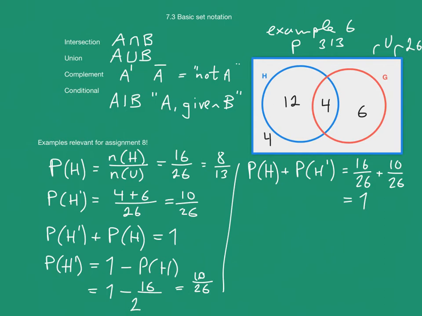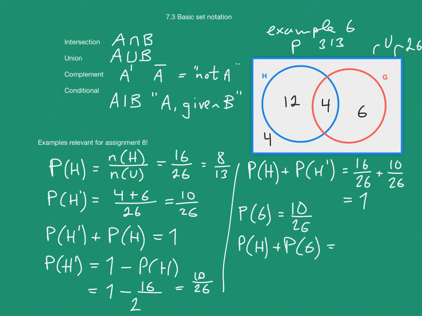The probability of an event plus the probability of the complementary event is always 1. Probability of G then, in this case, it's going to be 10 out of 26. The probability of, what's the next bit? Probability of H plus the probability of G.